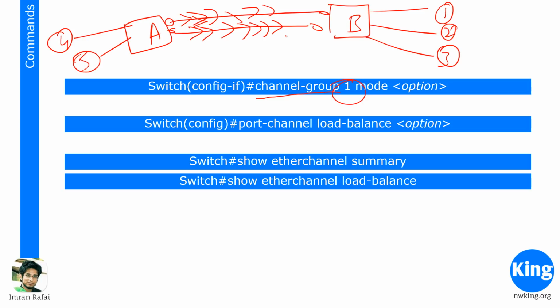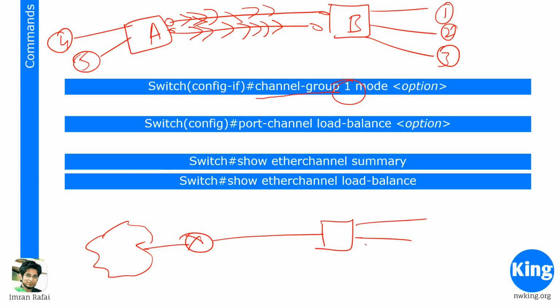But then it is not an ideal situation, right? So for instance, let's say there is internet, and this is a device, and let's say there's a switch here, and the switch is connected to 3 PCs. Now if traffic is coming from outside the network, it will all come with the source MAC address of this particular device or this particular port, because this is the gateway, right?